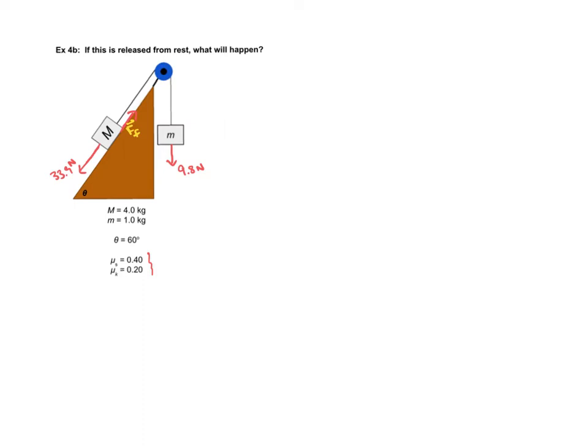Because if static friction is big enough, then the blocks may not even move at all. So what I'm going to do is calculate the maximum static friction on the block capital M.